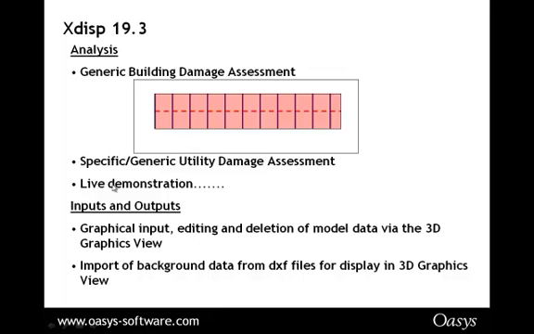Of great importance and great use now is the specific and generic utility damage assessment. So I actually have to show you that. I think it would help if I did particularly show you how the utility damage assessment works.